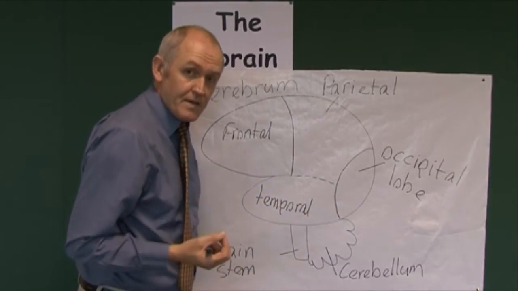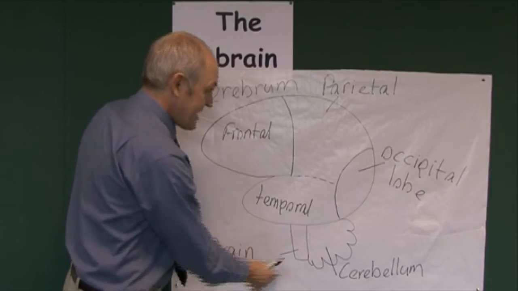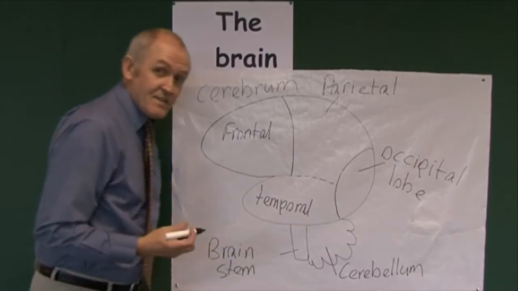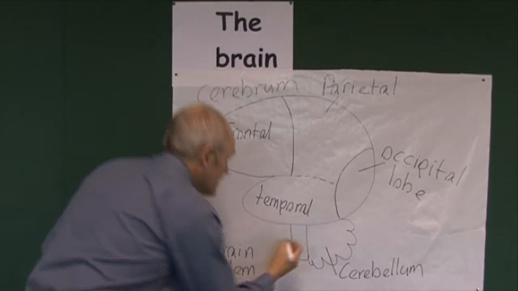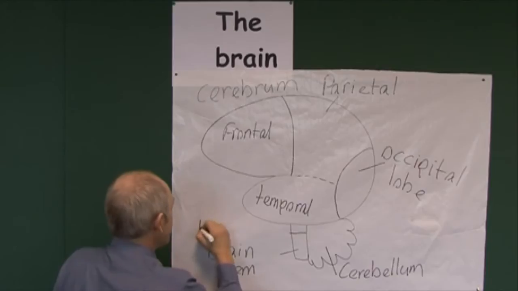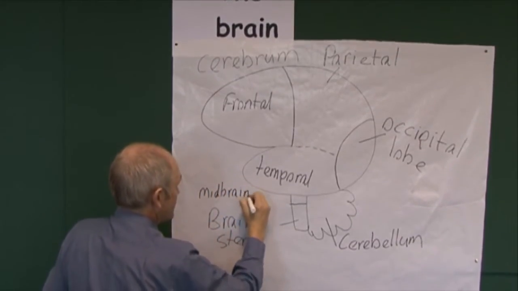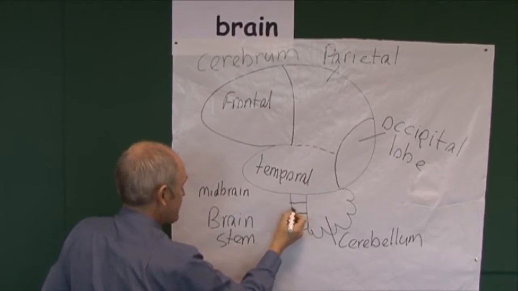The other two main components are the brain stem and the cerebellum. The brain stem is itself divided into three sections. The top part is the midbrain. The middle part is the pons.